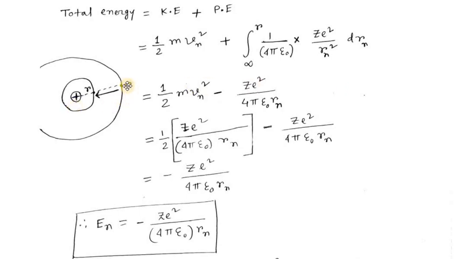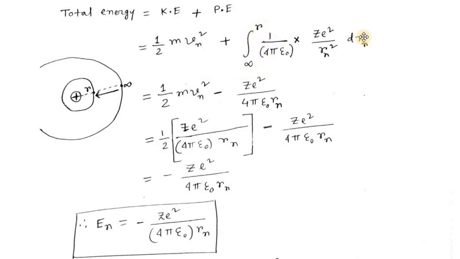So the work done in that case, there is an electron and a positively charged nucleus, so the force of attraction will be the Coulombic force of attraction. So I have used the Coulombic force, and along with the force I have multiplied the displacement drn, okay. And we have to bring that electron from infinity to r, so we have used the integration term.